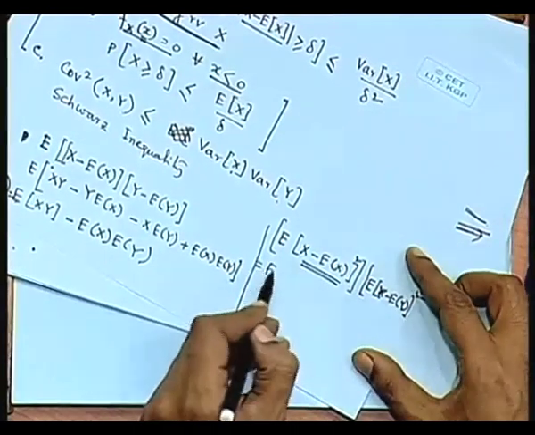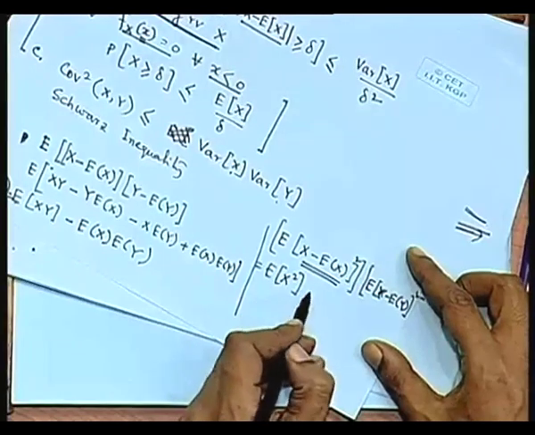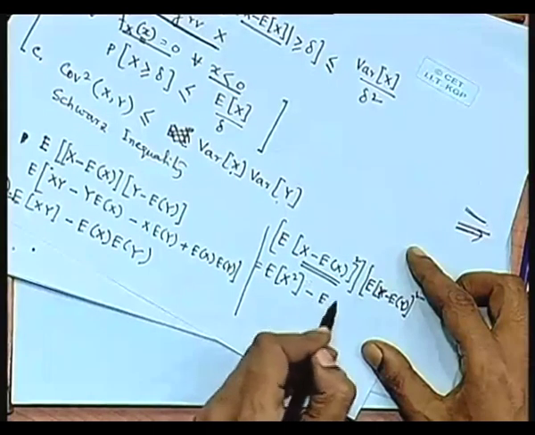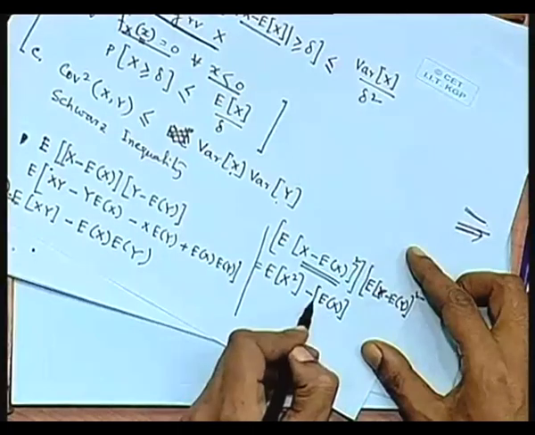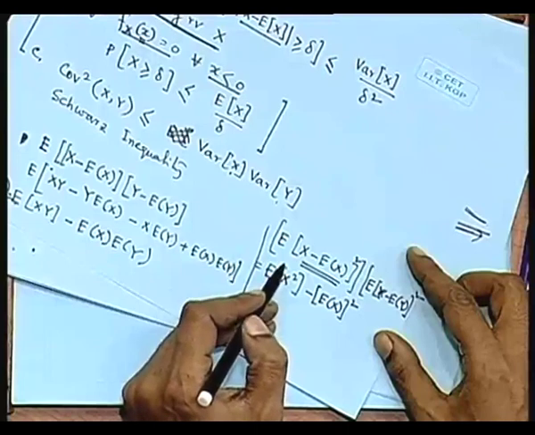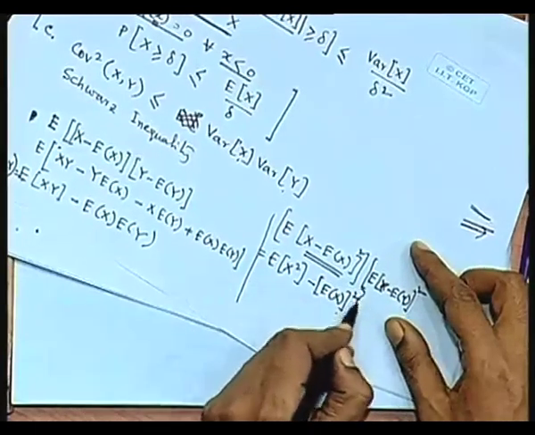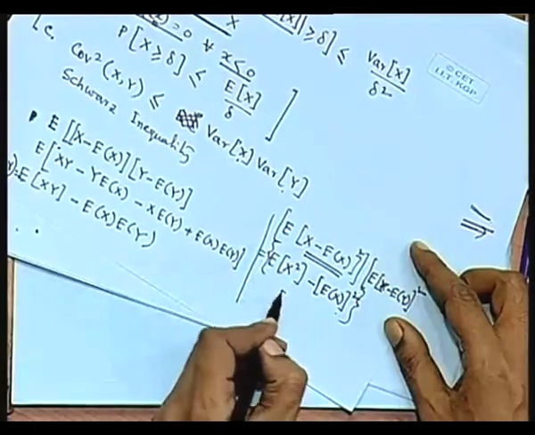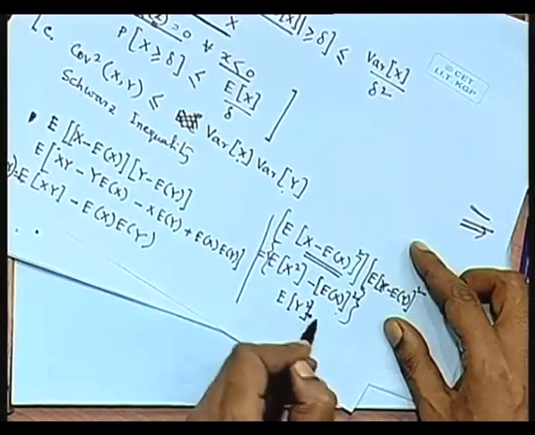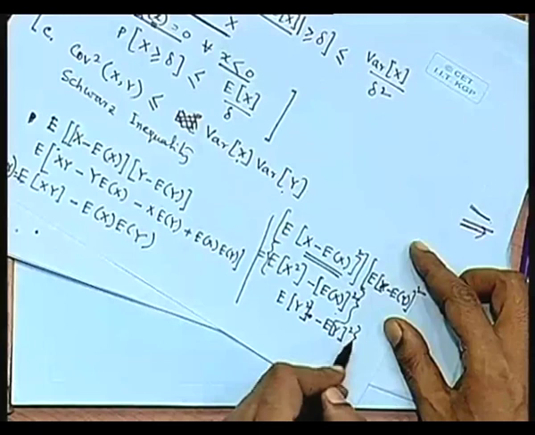This is nothing but expectation of x square minus expectation of x whole square, multiplied by expectation of y square minus expectation of y whole square, correct.